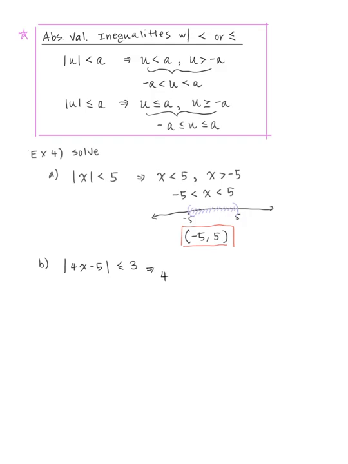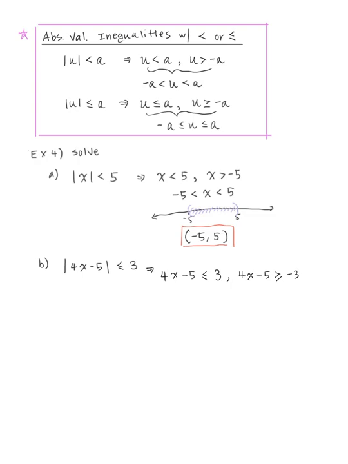How do we drop it? Well, 4x minus 5 is going to be less than or equal to positive 3. On the positive 3, your inequality sign stays the same. Now if you take the negative side of 3, your inequality sign is going to switch.